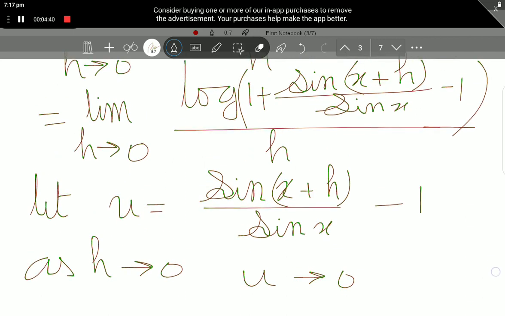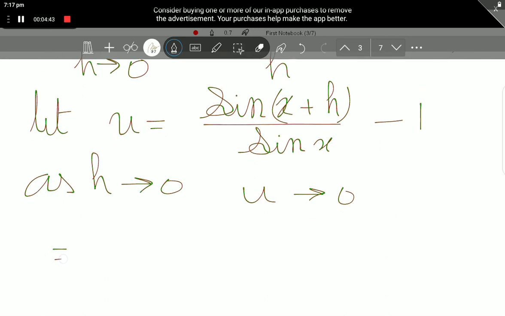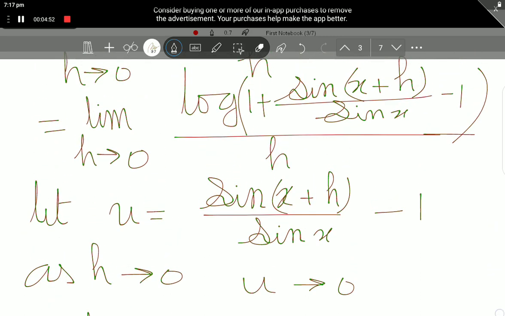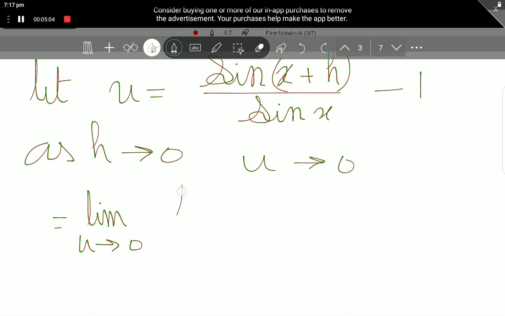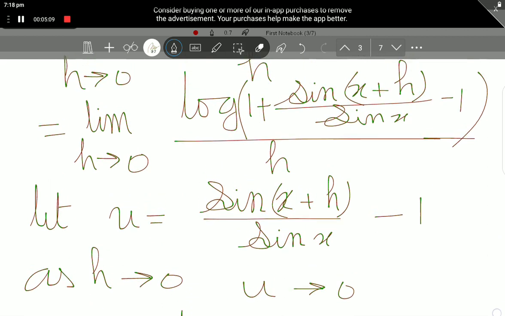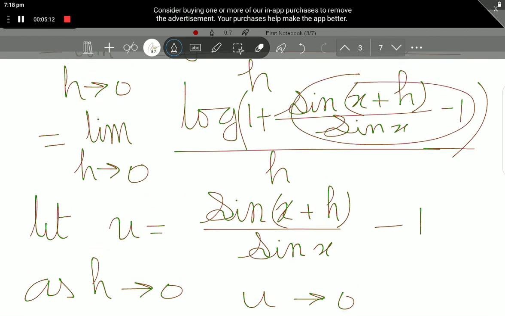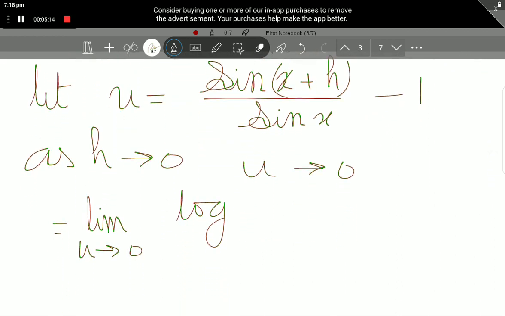So we can write the above limit as limit u tends to 0, replacing this quantity with u. So we have the limit equal to limit u tends to 0, log of 1 plus u, whole thing divided by h.